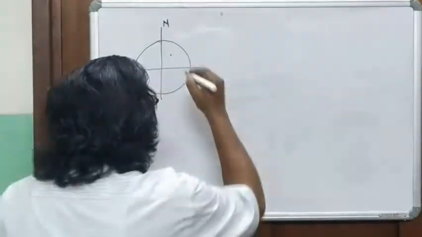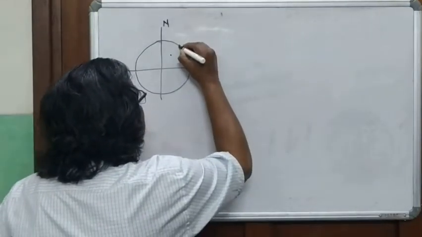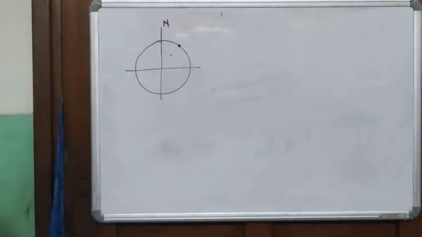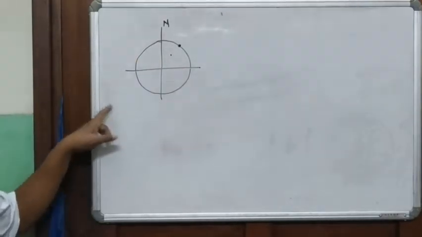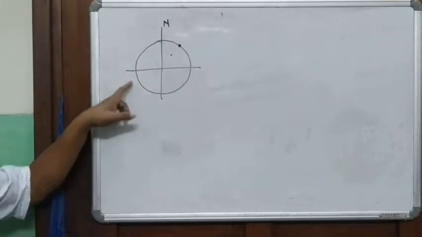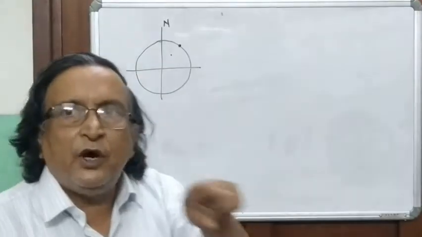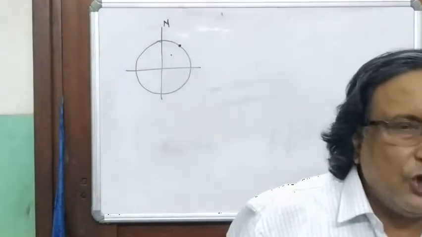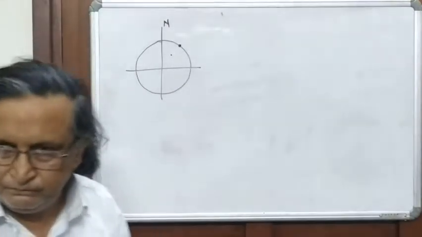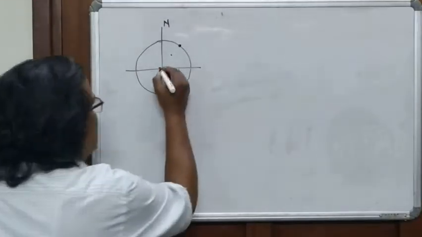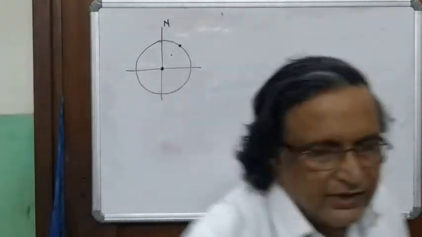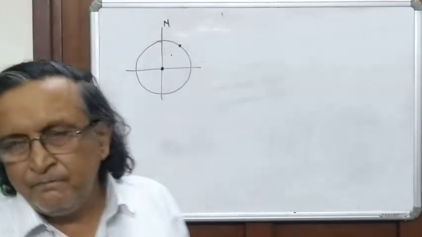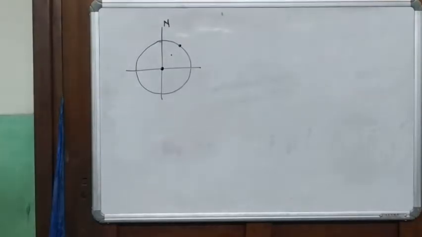So if this point is here, that means it lies on the horizontal. This is the horizontal, so the line is essentially horizontal. And this point, if I put it here, this is a vertical line. Have you understood?